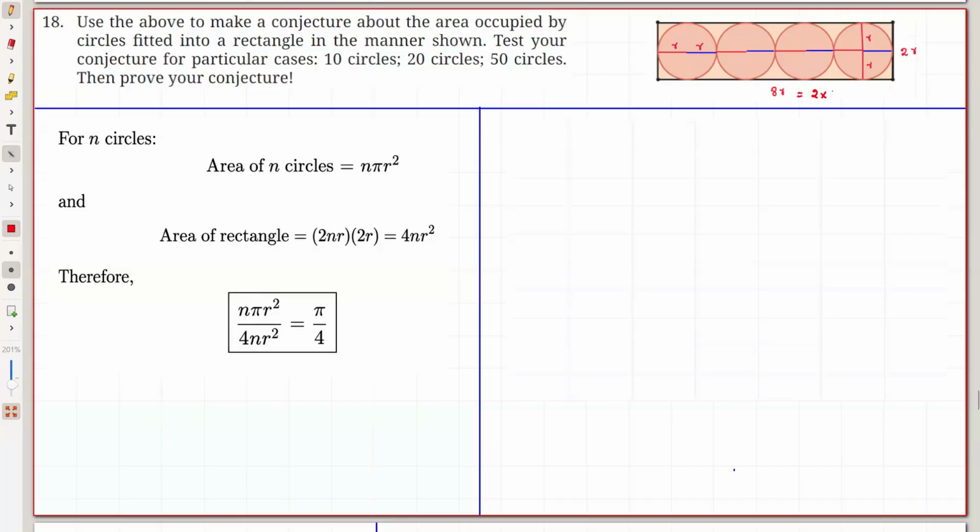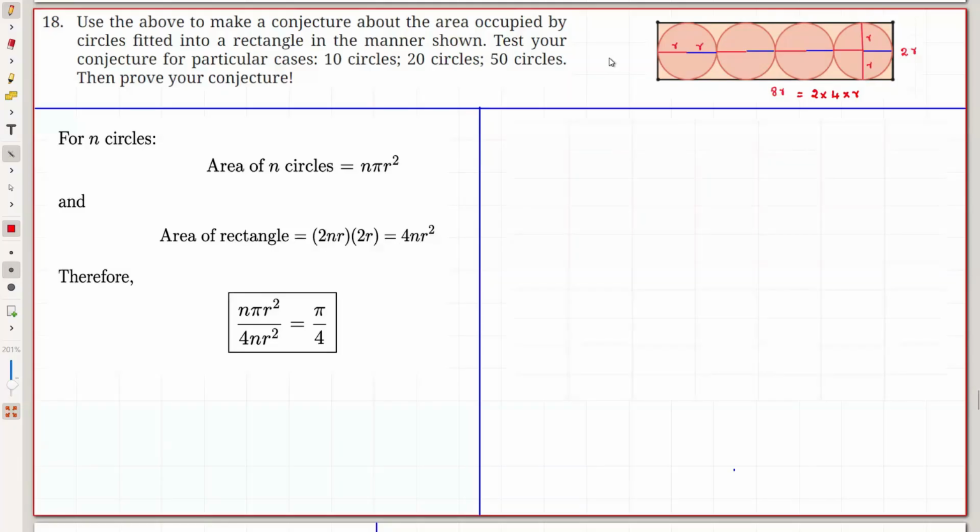How many circles do we have? 4 into r, so 4 2s are 8r. So 2nr is the length, and the breadth is 2r. So 2nr into 2r, we will be getting 4nr square. That is the area of the rectangle.